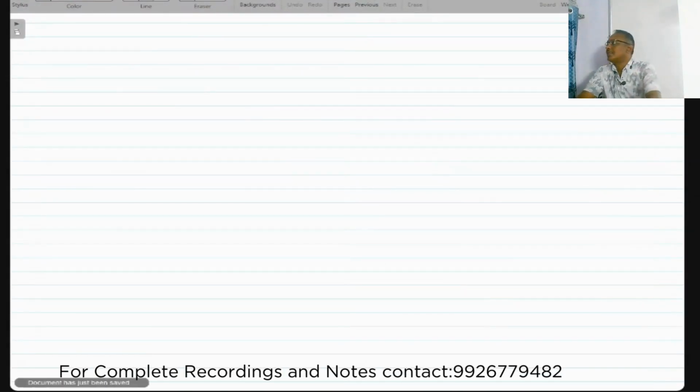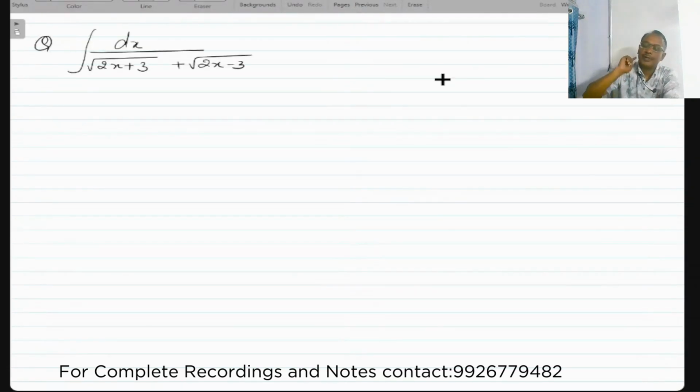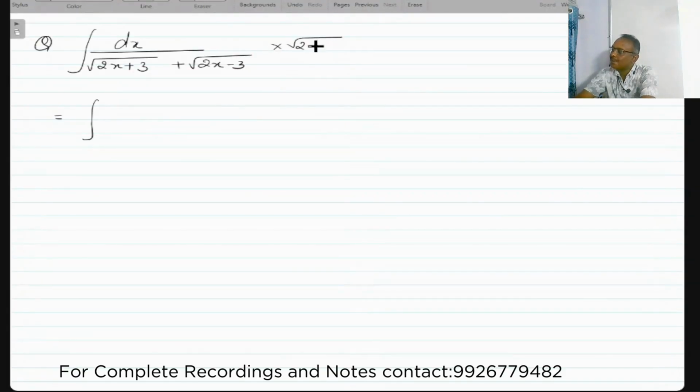I would like to solve that question. What is the question, Hridyansh? You know, this question we will rationalize. So if we rationalize it, it's a plus b, so a minus b: root 2x plus 3 minus root 2x minus 3.